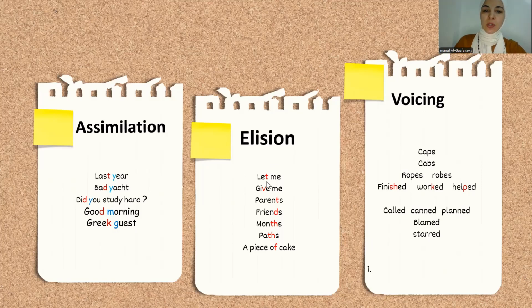So pronouncing these words separately may be let me, but in normal connected speech, it will be lemmy, lemmy, gimme.